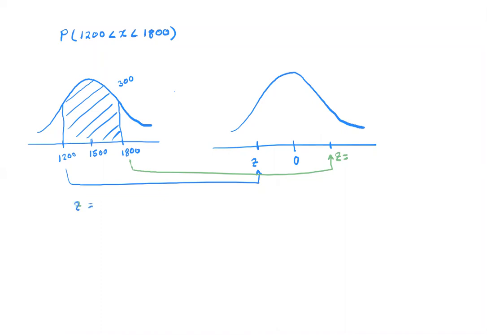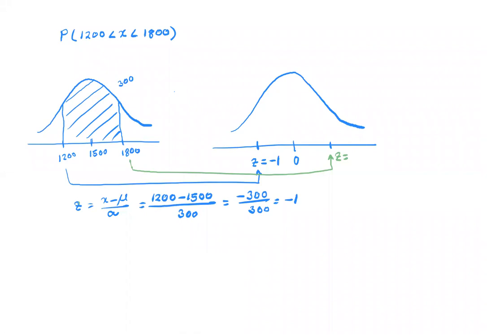Z is equal to X minus mu over sigma, or X is 1200 minus mu is 1500 divided by sigma is 300. If you do the math, negative 300 over 300, which is equal to -1. Okay, so this Z value is -1.